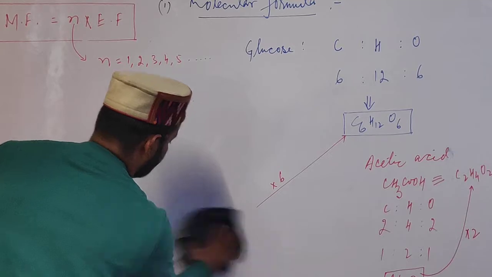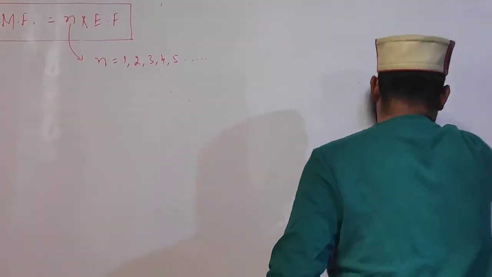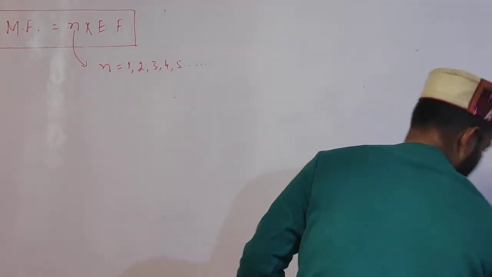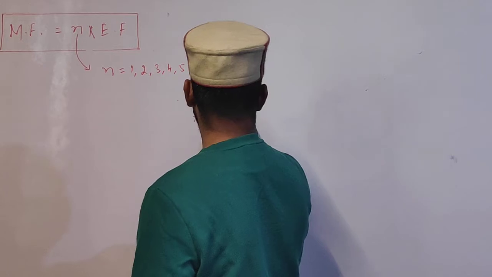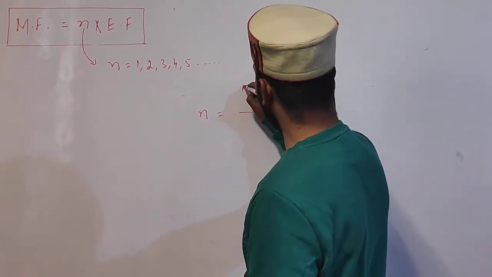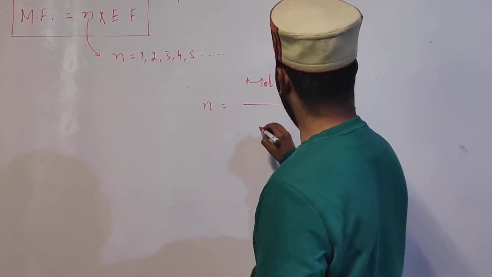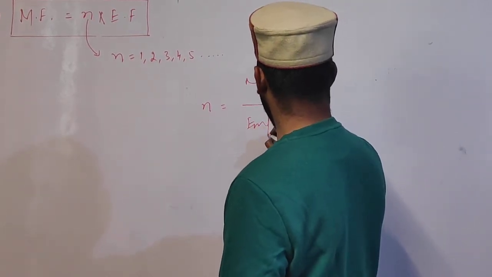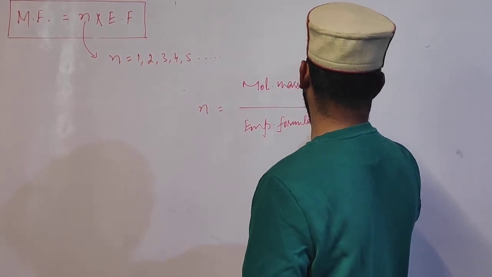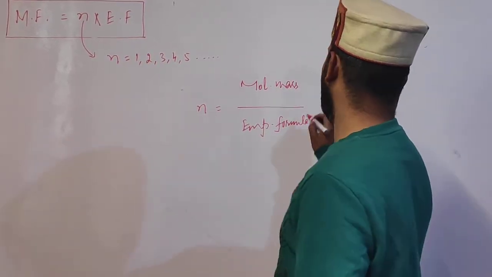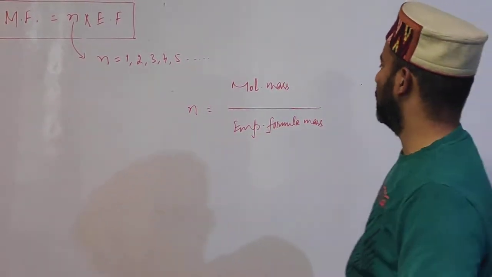So students, this integer n can be determined as follows. See, this n will be the molecular mass of that compound divided by what? Empirical formula mass. So that means in order to find the value of n, we must know what is the molecular mass of the compound.